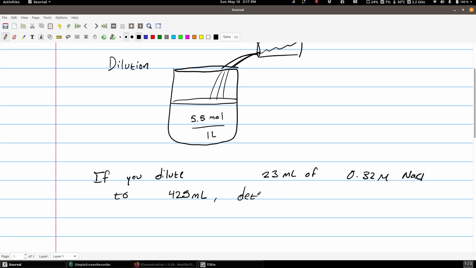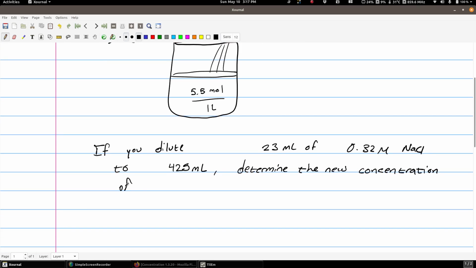Determine the new concentration of the solution. So what we're going to do here is set up a problem or an equation.